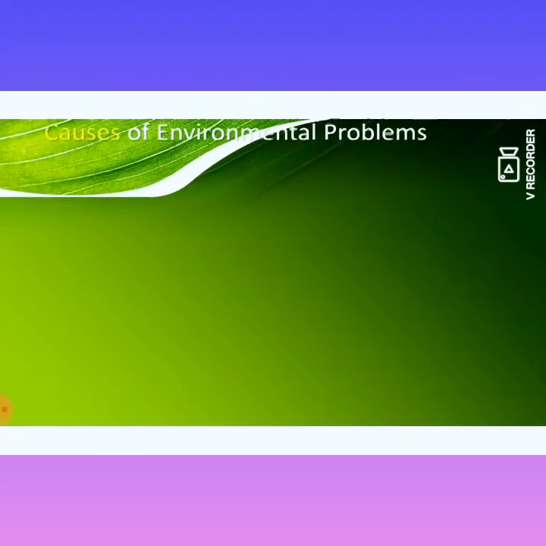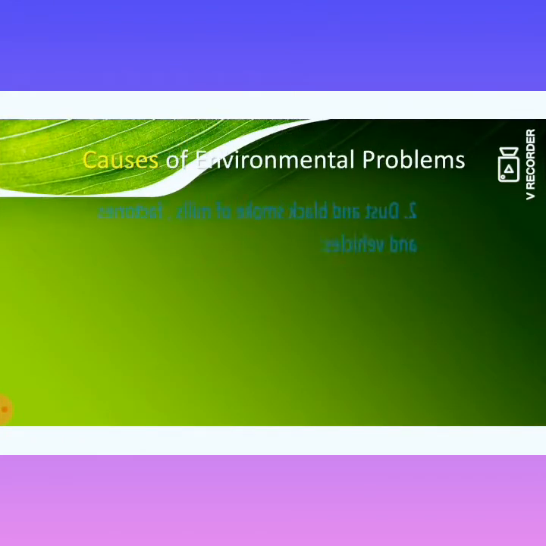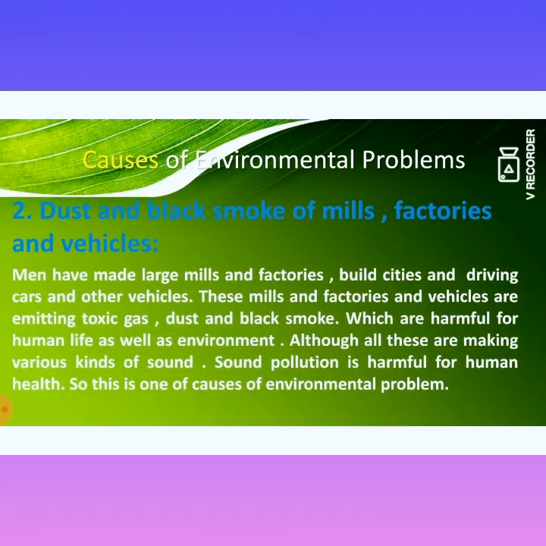Second cause, you see dust and black smoke of mills, factories and vehicles. This is the second cause of environmental problems. Men have made large mills and factories, built cities and are driving cars and other vehicles.